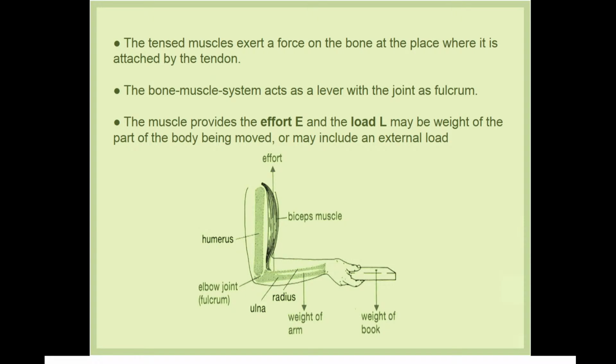The bone-muscle system acts as a lever with the joint as fulcrum. The muscle provides the effort that is marked by E, and the load may be the weight of the part of the body being moved or may include an external load. You can see this external load. And the effort is exerted by the biceps.